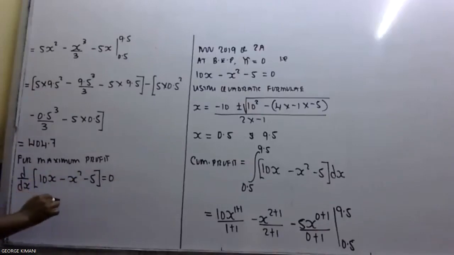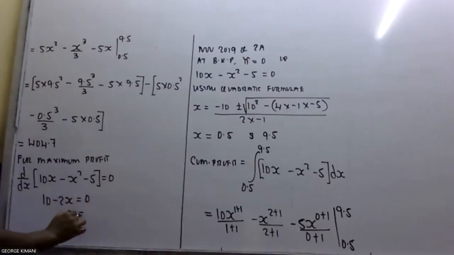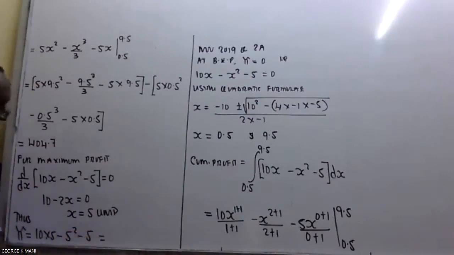Then you get 10 minus 2x equals 0, and that gives you x is 5 units, and thus profit should be equal to 10 times 5 minus 5 squared minus 5. That will give you the maximum profit.